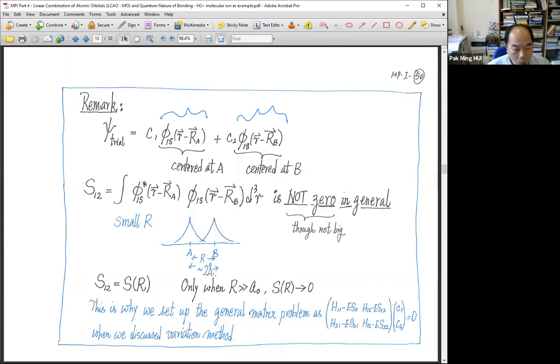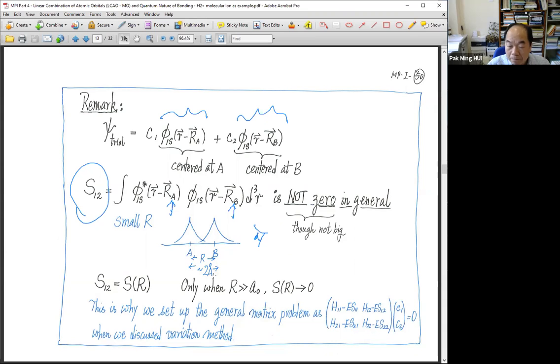It is an example where formally S12, they are atomic orbitals centered at A and centered at B, just like this picture here. Now, there is no quantum mechanical regulation telling us that S12 should be zero. In fact, it is not, formally.